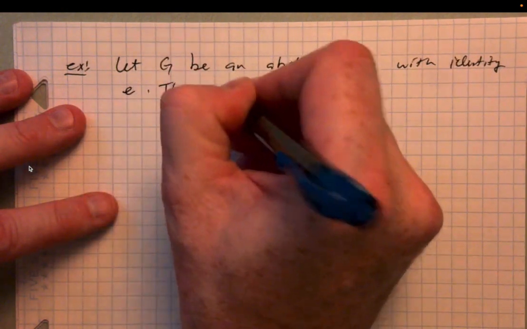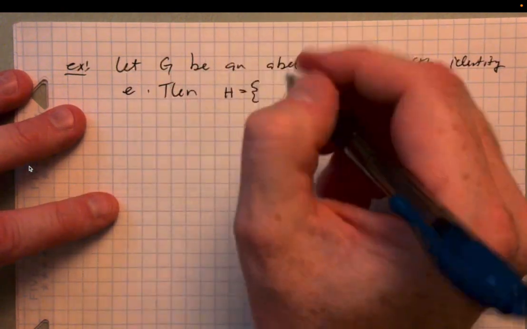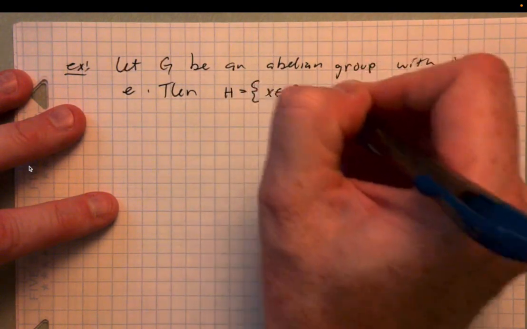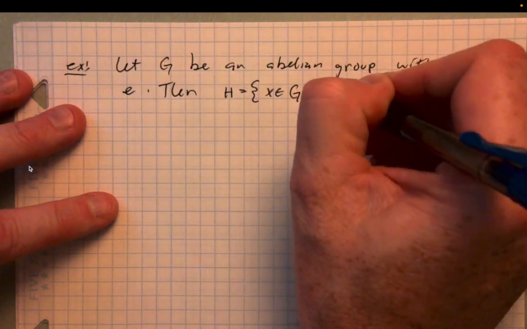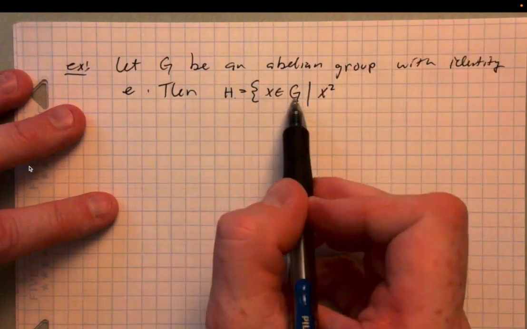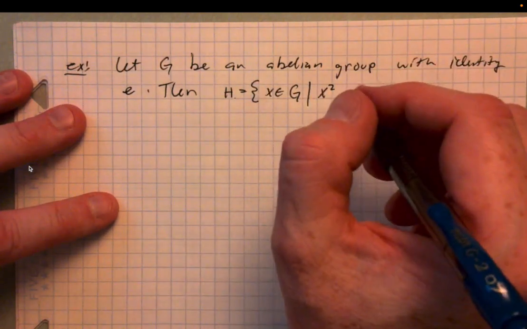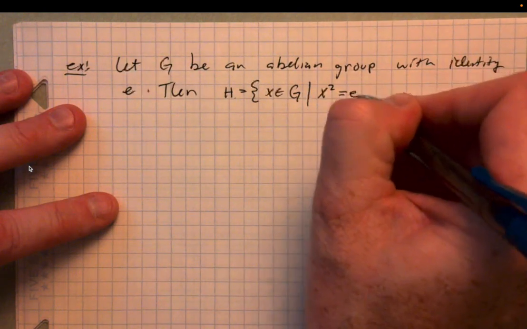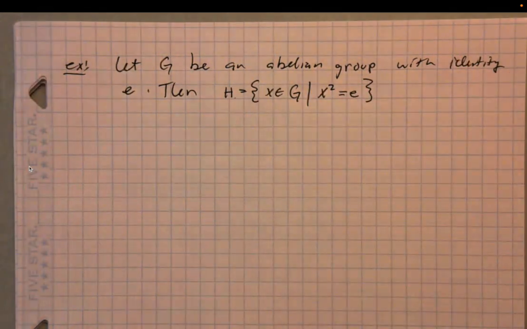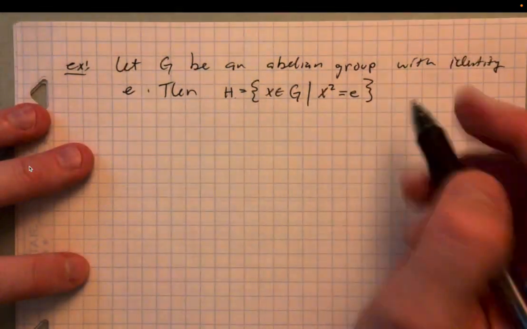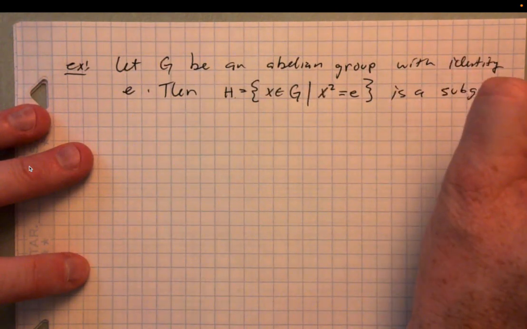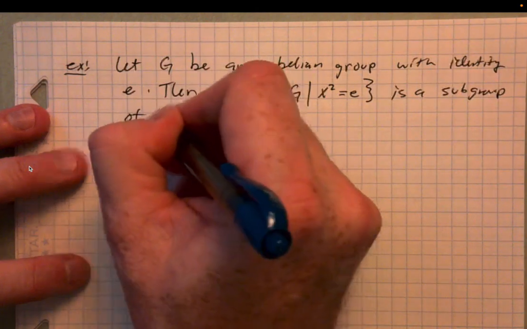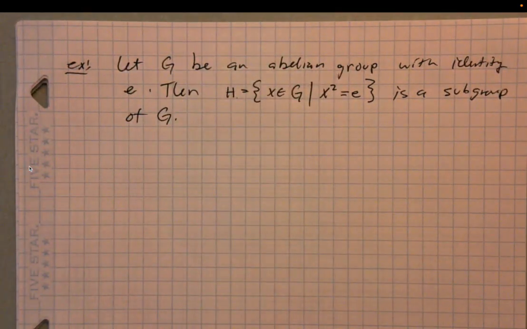Then H is going to be our subgroup, and we're going to define it like this. H is equal to all of the x's in G such that x squared is equal to the identity. Okay, and so this H is a subgroup of G. So how can we prove this?